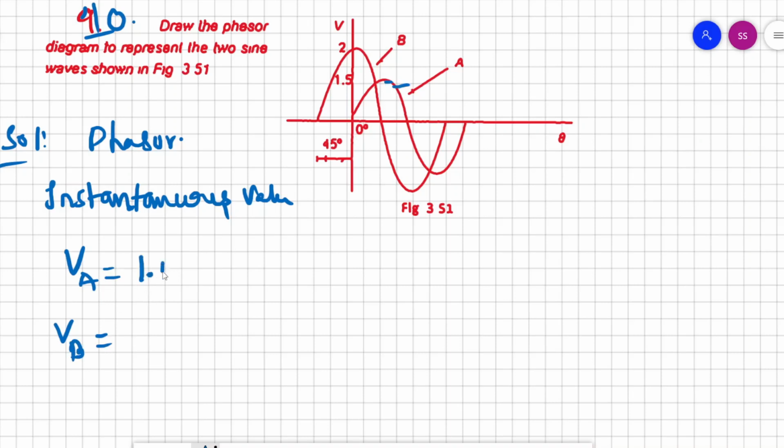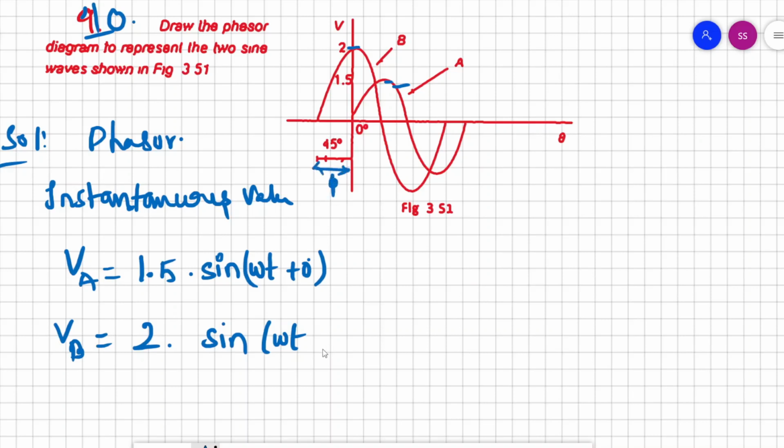Here we have a peak value of 1.5, and let us consider it as sine omega t because it is starting at the 0 instant. Now let us take the B waveform. Its peak value is 2 and sine omega t, and it is starting before the A waveform, so it will be plus. And what is this phase shift?